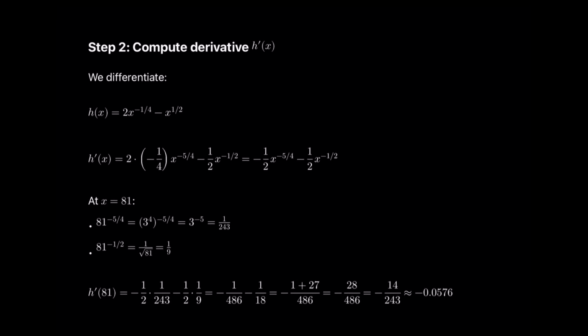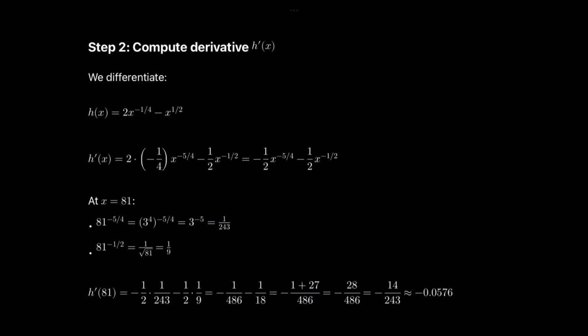Next, 81 to the power of negative 1 over 2, we get 1 over the square root of 81, so we get 1 over 9. Lastly, for h prime(81), we just transfer 1 over 243 and 1 over 9 into our first derivative function, that is h prime.